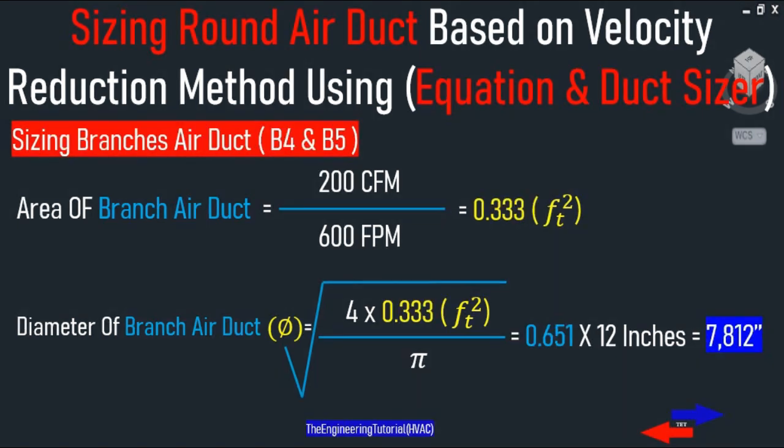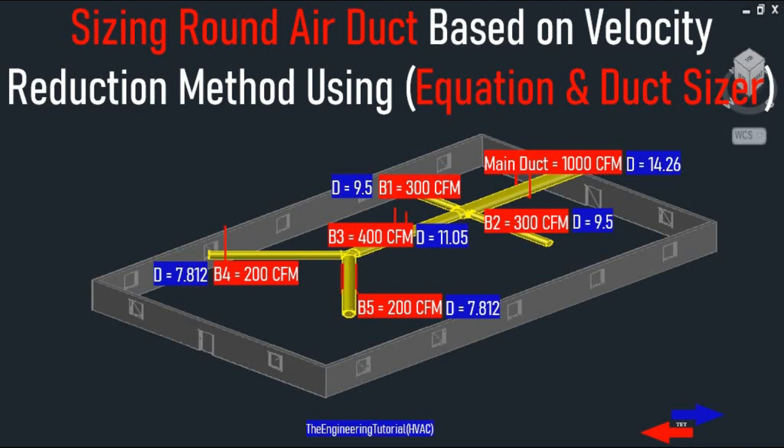And for B4 and B5, also the same process: 200 CFM divided by 600 FPM gives 0.333. The square root of 4 times 0.333 divided by pi, times 12, gives us a diameter of 7.812 inches.